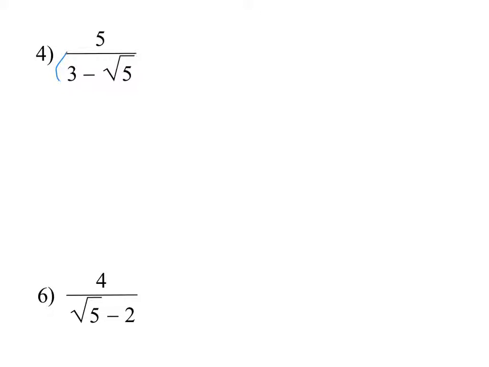So we're going to take this 3 minus 5 square root of 5, and we're going to multiply it by the conjugate. Conjugate is the same exact two pieces, but since the first one here is a minus sign, this guy is going to be a plus sign.